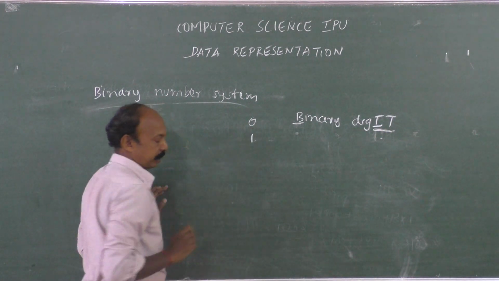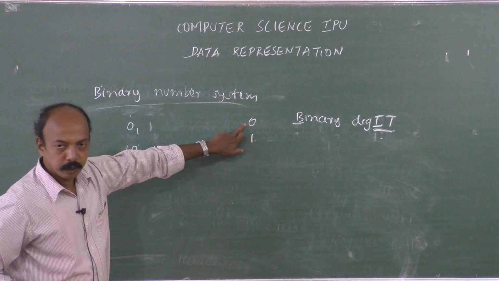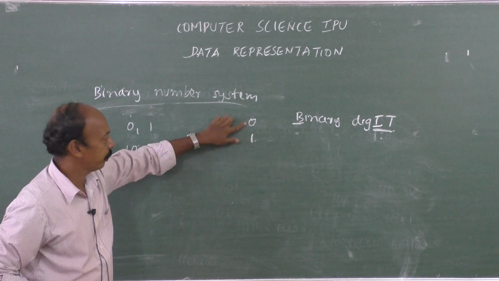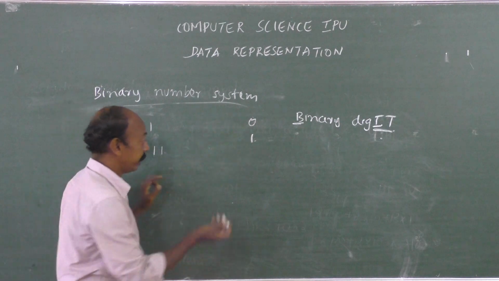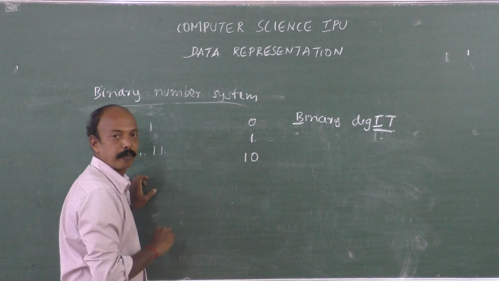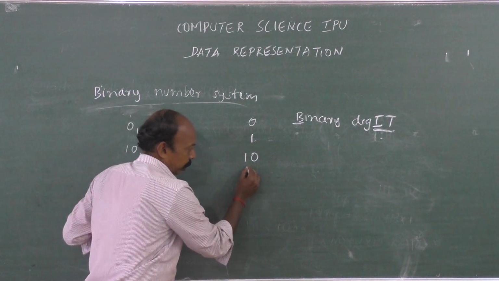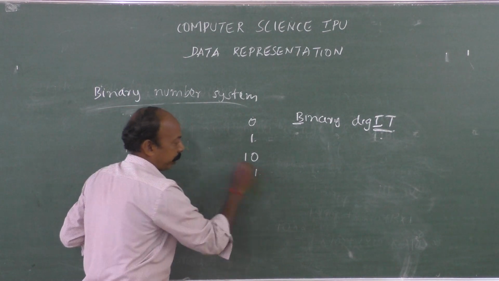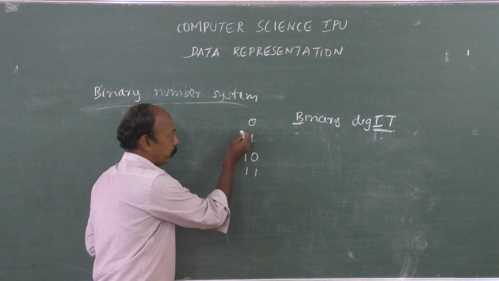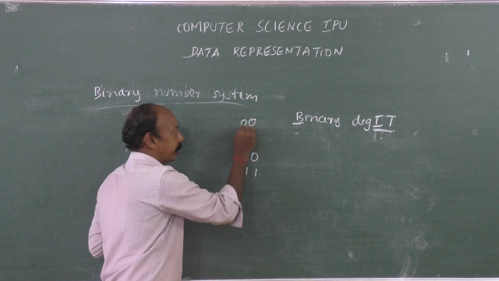Now coming back to this, only two symbols, 0 and 1. No other combination we can have here with respect to only one symbol. So the next one we can write as 1 0. Then 1 1. If you add a 0 to the left side, the value doesn't change.